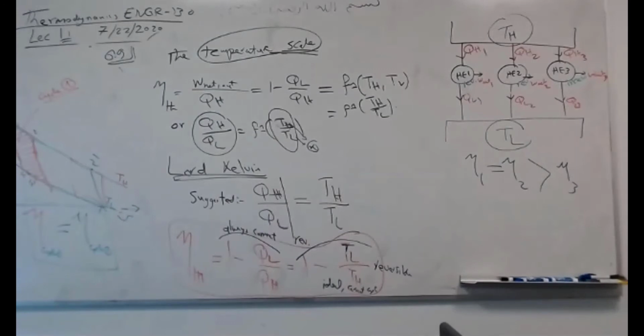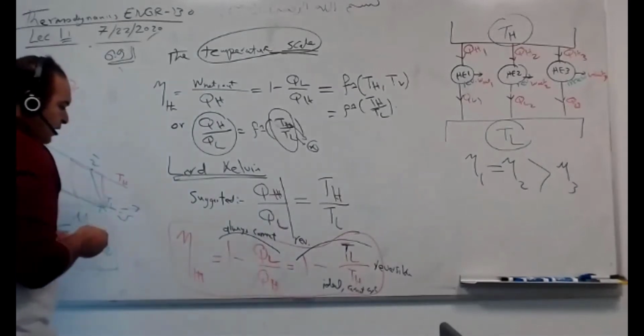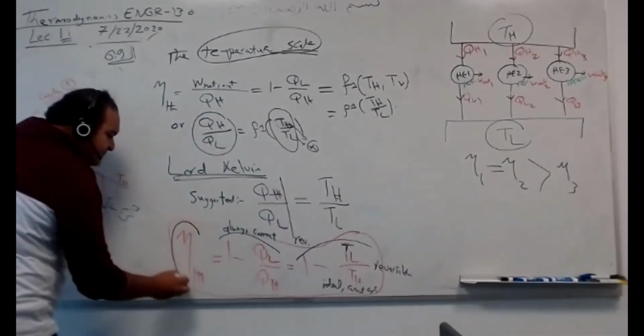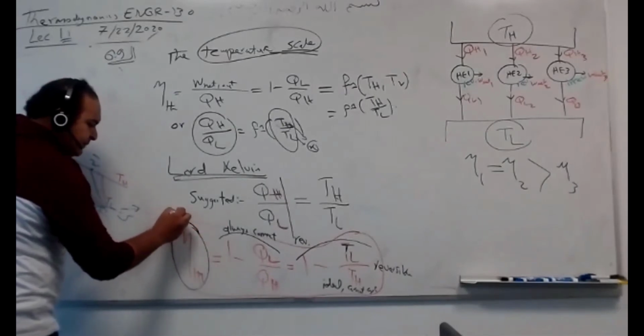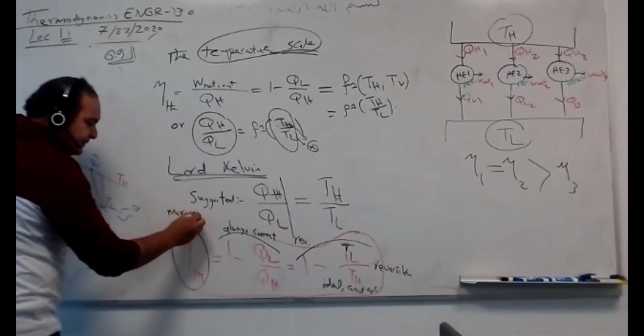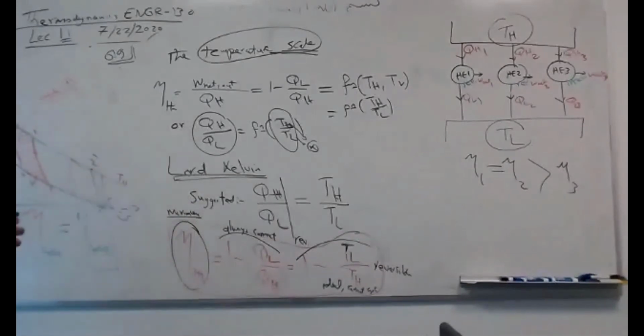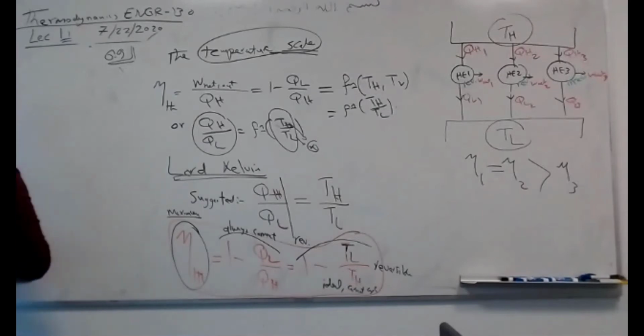Let's look at another very important perspective. Look at this. We want this as maximum. I wish it to be 100%. So let me ask the question: if you want 100% efficiency, what should we do, guys? Even a Carnot cycle is not 100%.